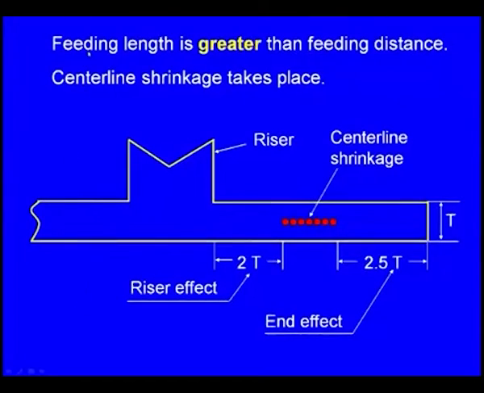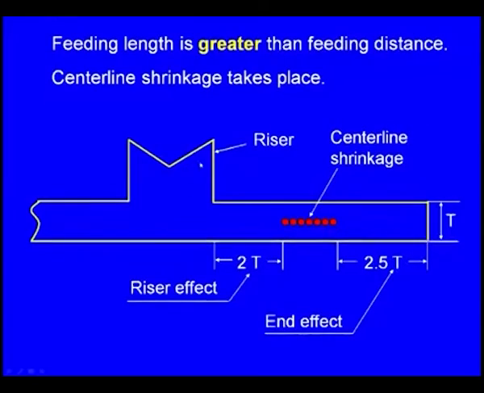Now, let us see another case. Feeding length is greater than the feeding distance. You see here, this is the casting and there is a single riser, this is the riser. Now, this is the length of that section to be fed by this riser.